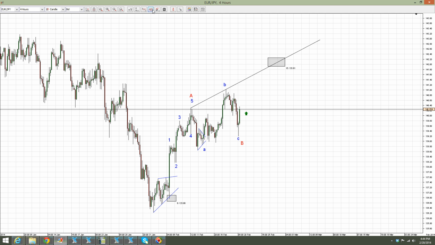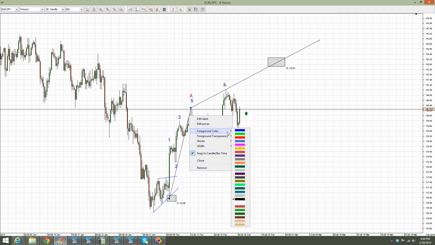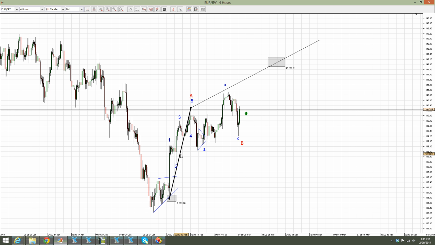Usually the C wave to the upside in a zigzag, because this seems to be a zigzag that goes with a 5, 3 and then a 5 wave structure, goes with the same length or relates with 100% Fibonacci when compared with the previous leg of a zigzag, so basically with wave A. And that means that for the C wave we're looking for something like this to come.